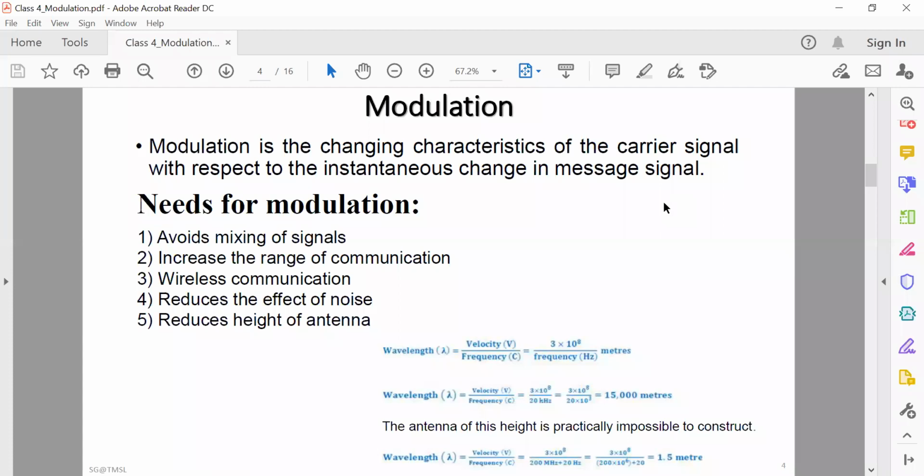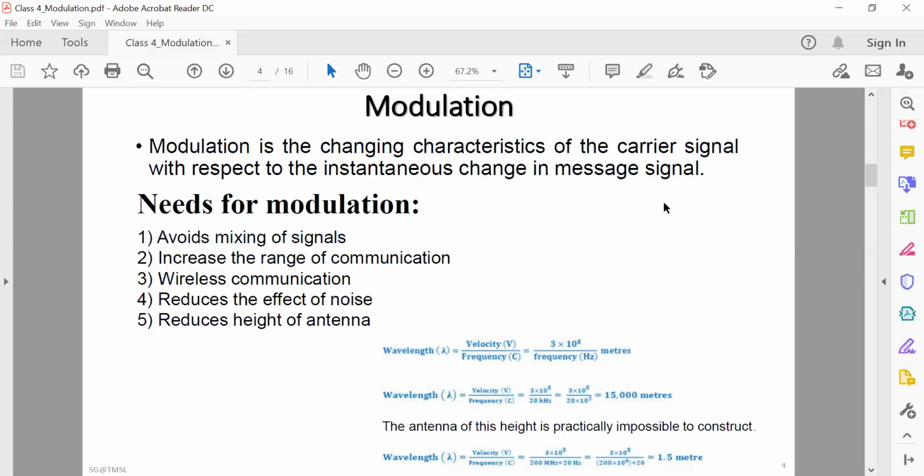One of the basic challenges faced by communication engineers is transmitting individual messages simultaneously over a single communication channel. A method by which multiple signals can be combined into one signal and transmitted over a single communication channel is called multiplexing.